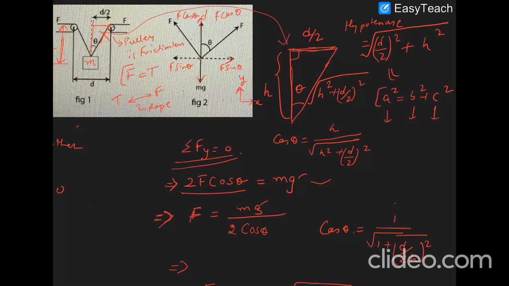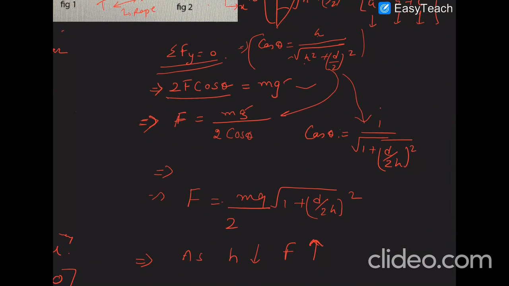Following this formula we get the value of cos theta, and we put it in this expression. When we bring this h down, and take this h inside the root, it takes this form, and by playing with this you can arrive at the expression.